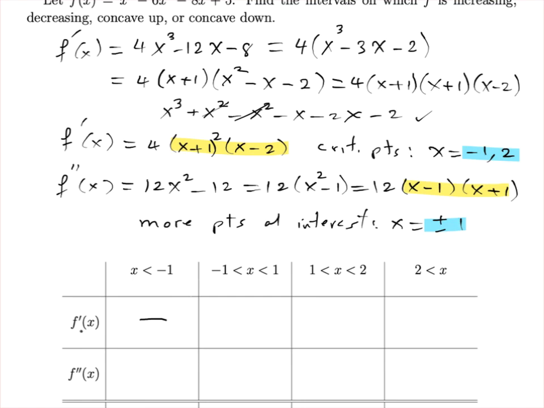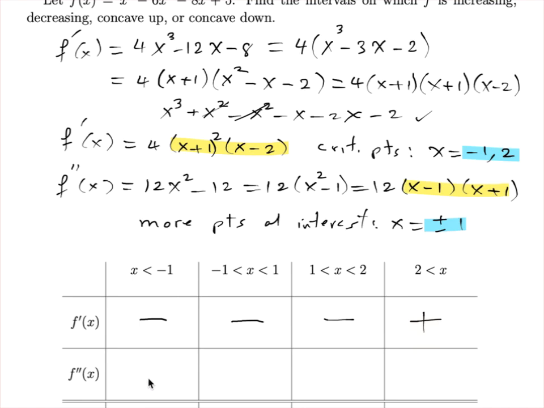At negative 1, f prime doesn't change sign because this factor x plus 1 is an even factor, so it doesn't change sign. And you can also check a number between negative 1 and 1, like 0, for example. Put in 0, you get a negative quantity, so that's negative. Similarly here, still negative, but at 2, it changes sign. When x is greater than 2, this whole thing would be positive.